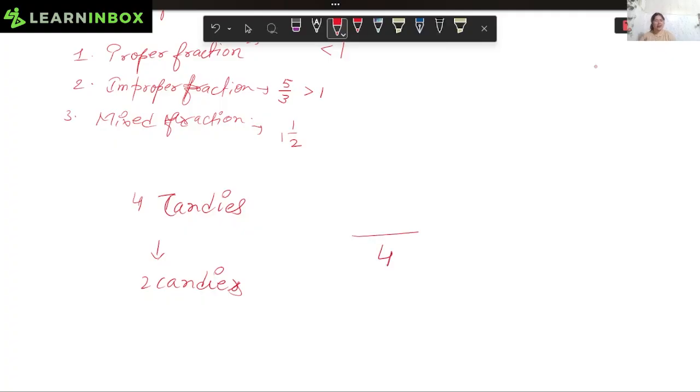So you will write the number 4 at the bottom, and how many candies you took is 2. So this will be the fraction 2 by 4. What part of the candies did you take out from the total? Half. So half of the candies you took out from the bowl in which there were 4 candies in total. This is how you will write the fraction.